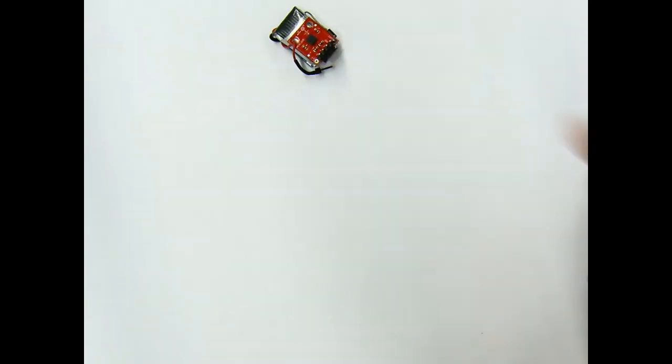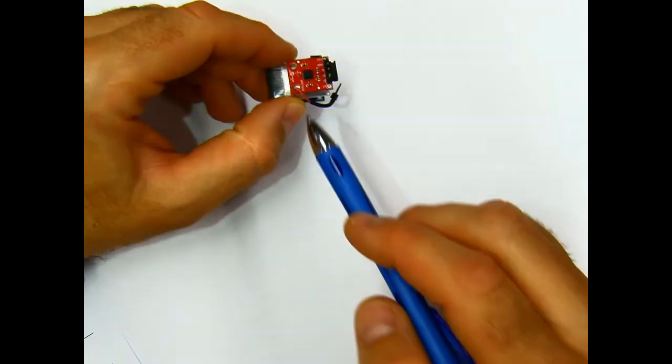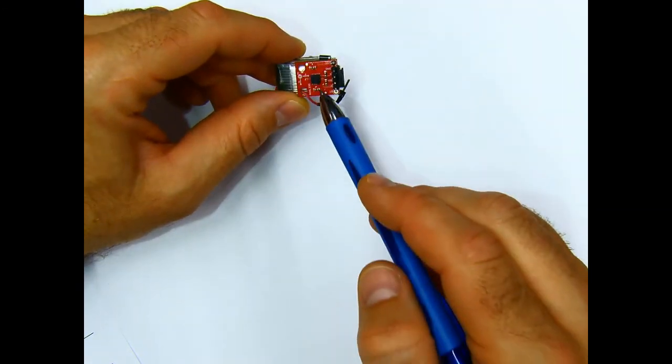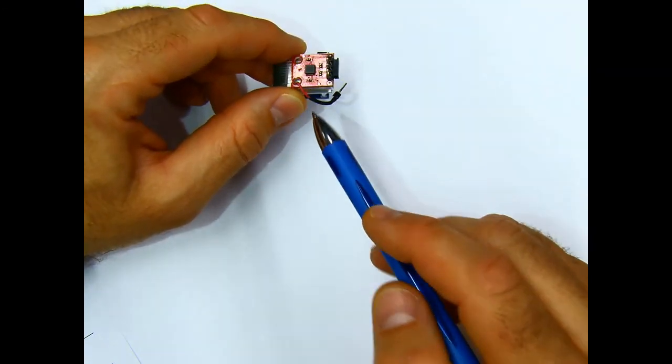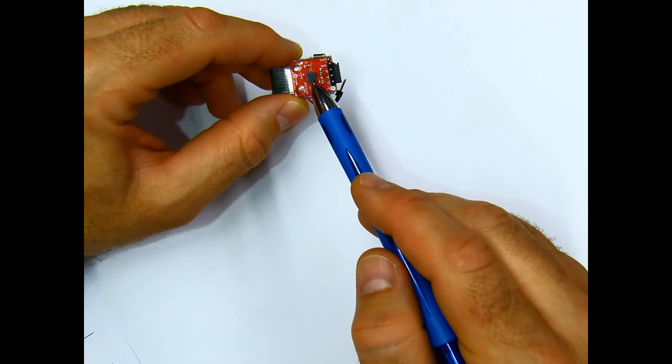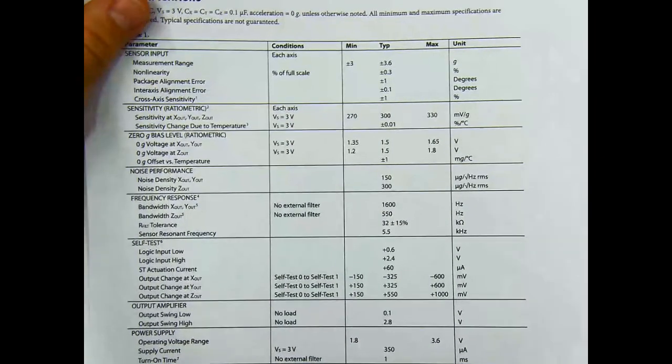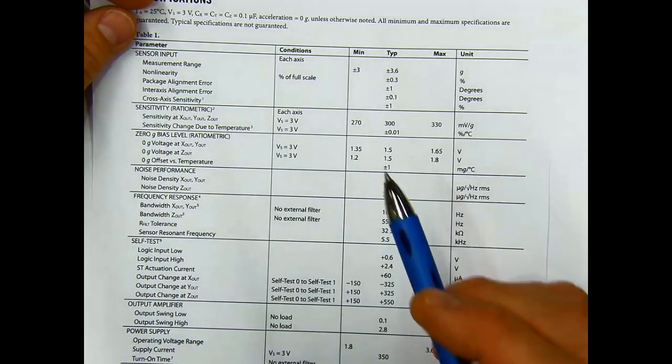Now let's see what we can do about this unit. You remember this is a directional accelerometer, and it's a cheap unit, so the datasheet looks accordingly. We'll start here.